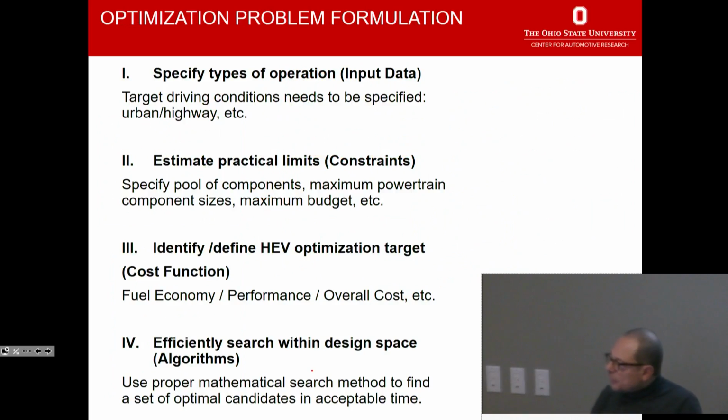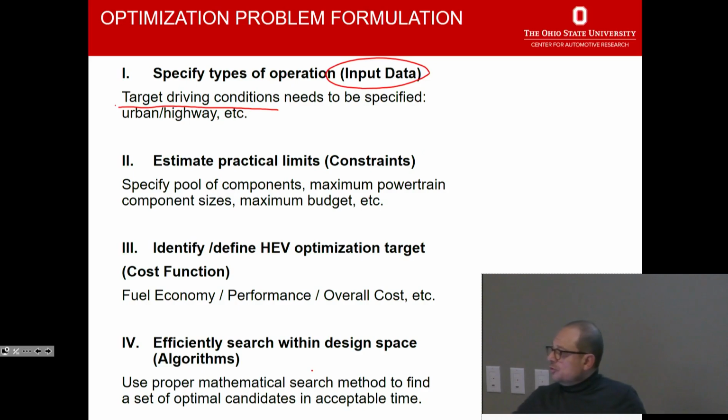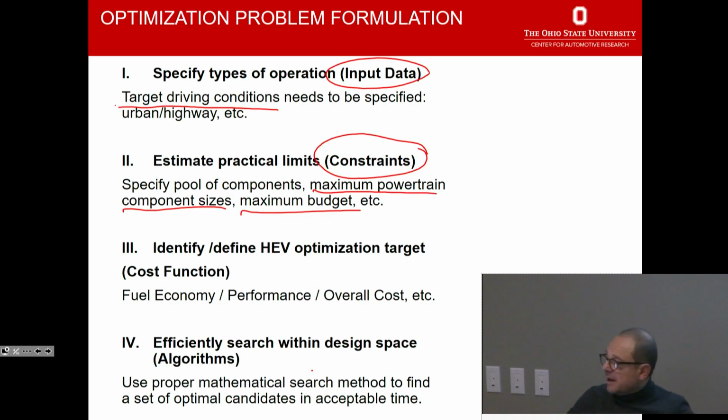Okay. So in summary, what we're saying is that you will have to specify input data such as the target driving conditions. You're going to have to specify constraints, for example, maximum component sizes, maximum budget, okay? You're going to have to identify the optimization targets, that is, the cost function.